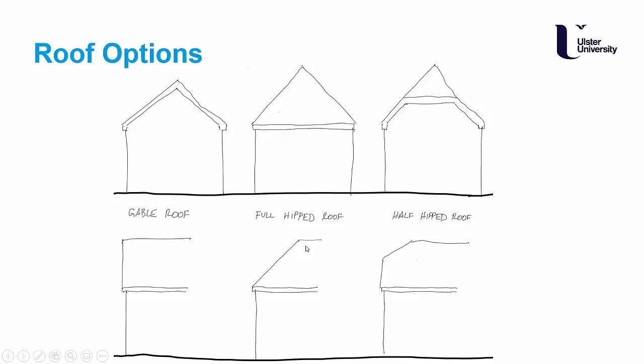One of the reasons for doing something like this is to provide a bit more light to an adjacent property, or maybe just to soften the look of the property if it's in an area where there's other things to consider. A half hip roof is sort of in between those two, so the wall continues up to a halfway point, but then it's an angled in roof at that stage.